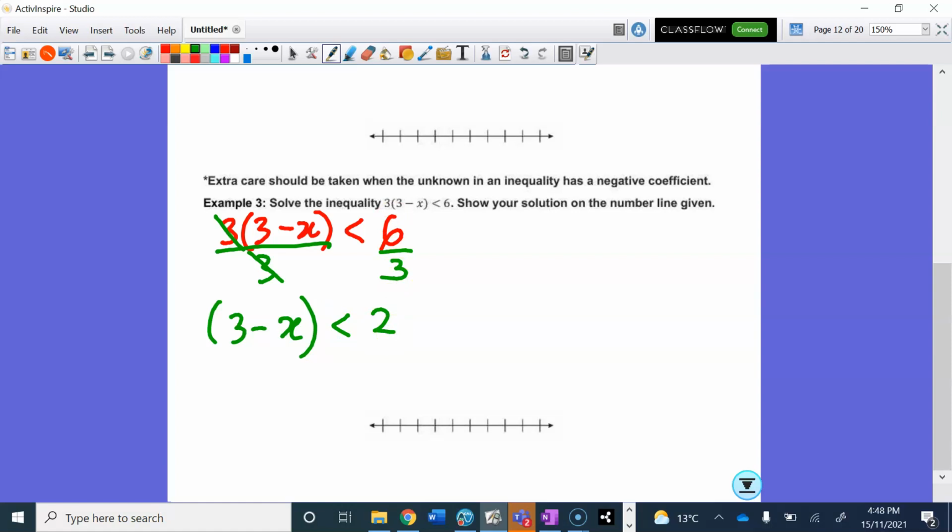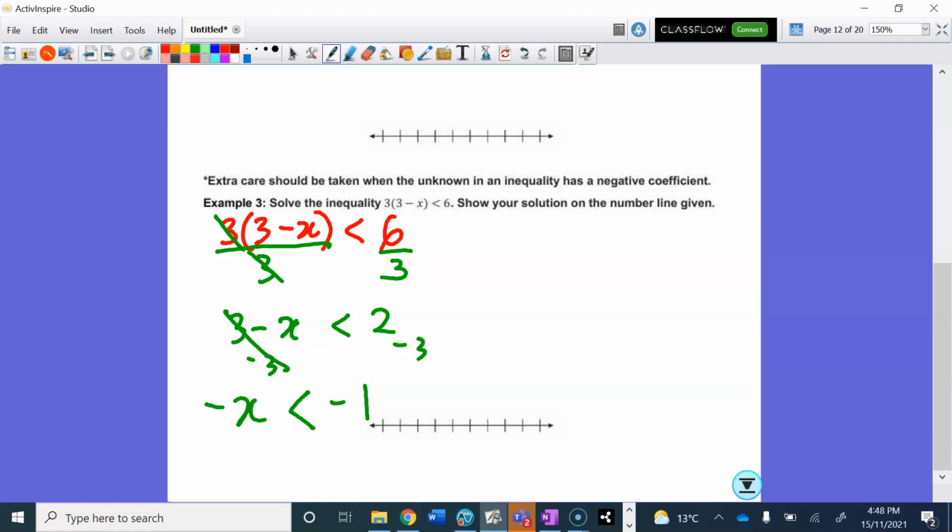So I don't really even need my brackets in there. I'm going to still try and keep simplifying. And if I subtract 3 from both sides here, that will disappear and I end up with negative x is less than 2 take away 3, negative 1.